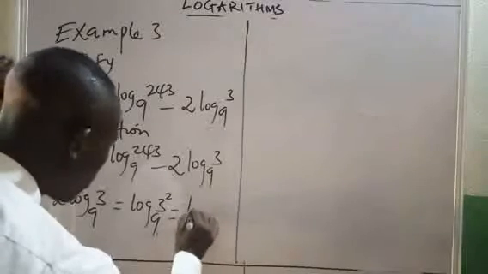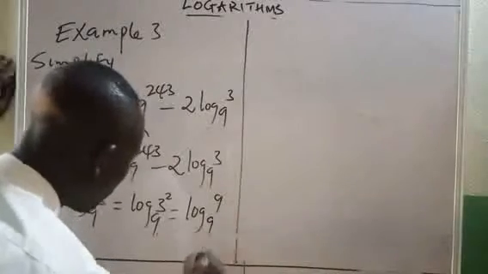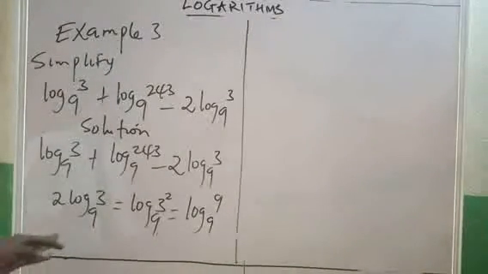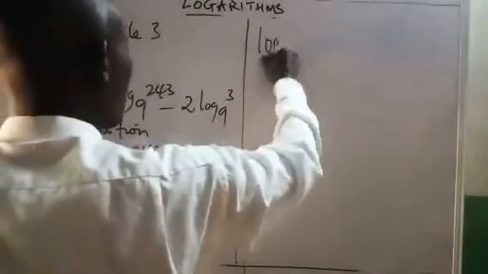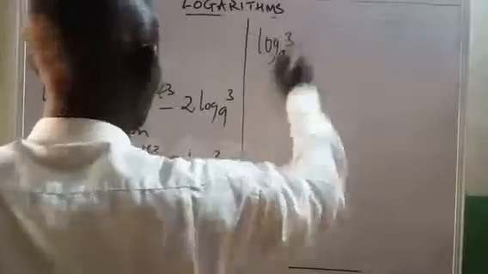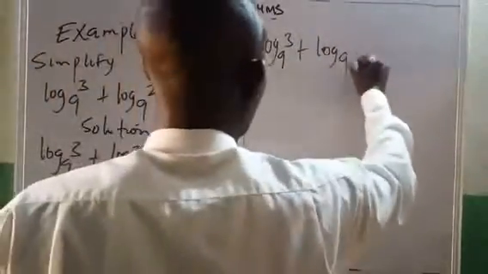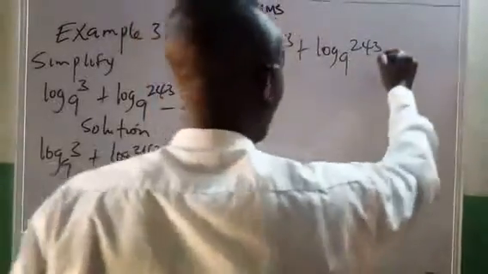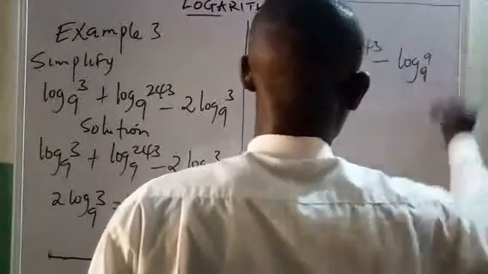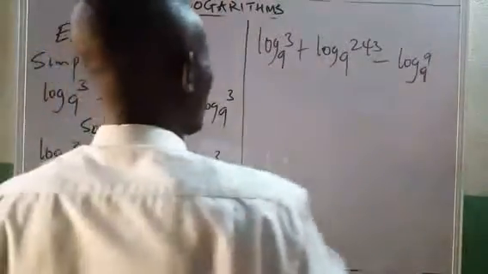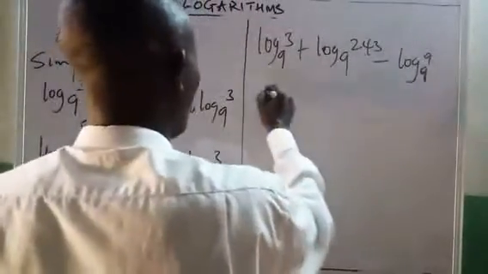So that would be what? Log 9 base 9. So I can rewrite this to become log 3 base 9 plus log 243 base 9 minus log 9 base 9. They are all in log base 9.